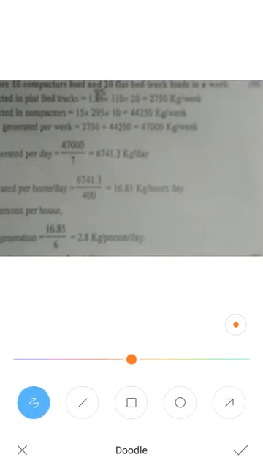Now consider there are 6 persons in each house. We have determined the solid waste generated per home, which is 16.85.